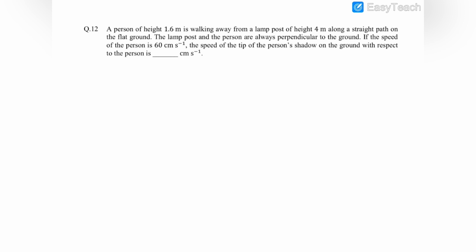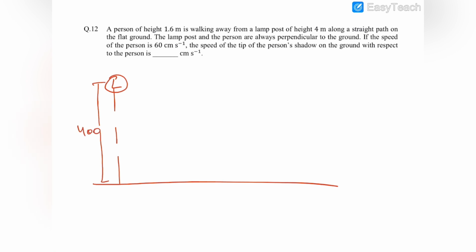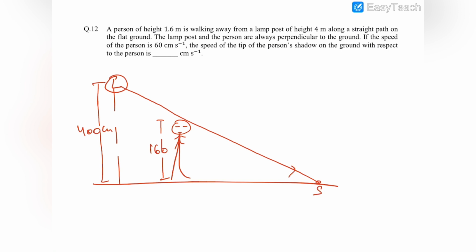In this question, there is a lamp which is at a height of 400 centimeters from the ground, and there is a man who has a height of 160 centimeters. The image of the head of the man, or we can say the shadow of the head of the man, is at this point, and let's suppose that this distance is x2 and this is x1.